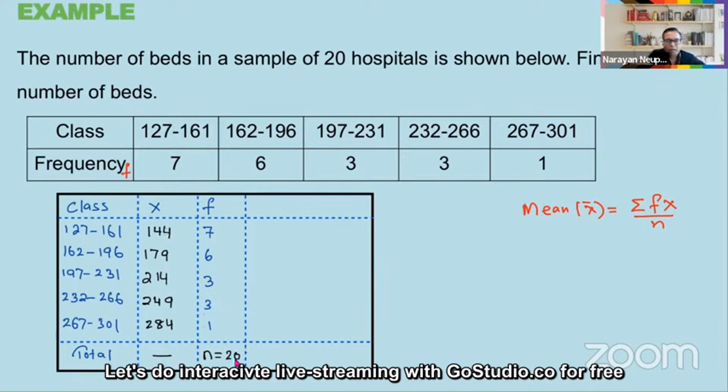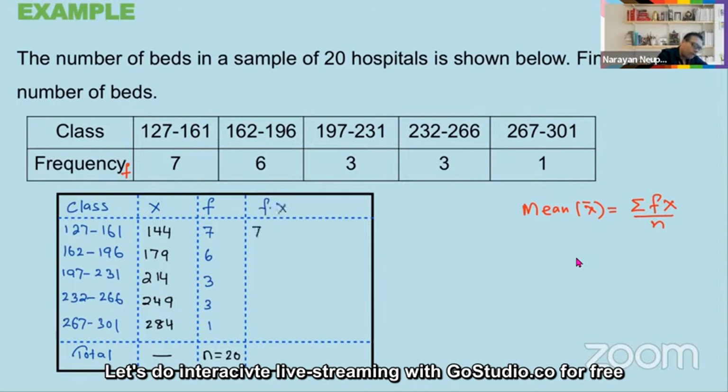So clearly you can see that you have your n that goes here in the formula. We have f and x both, but I need the product of f times x. So in the next column here, we are going to find the product and then we have to add it later on. So what we are looking for is f times x.